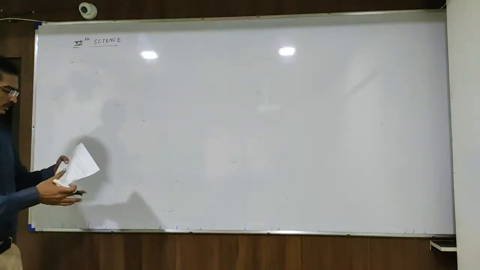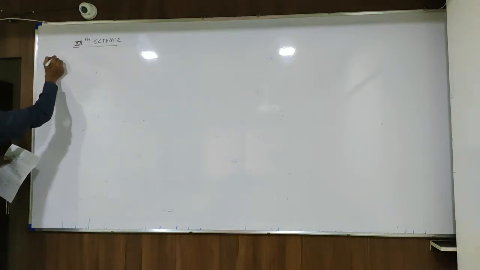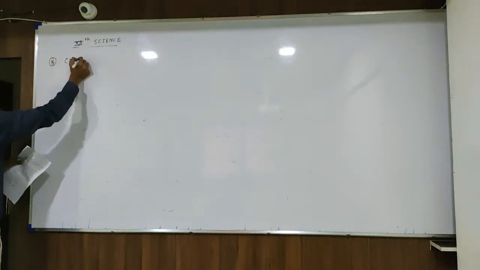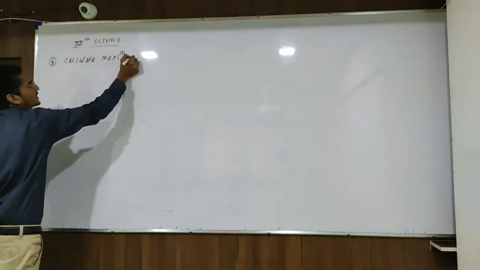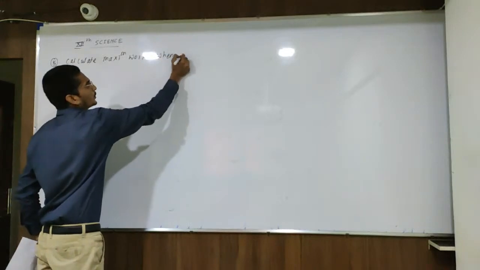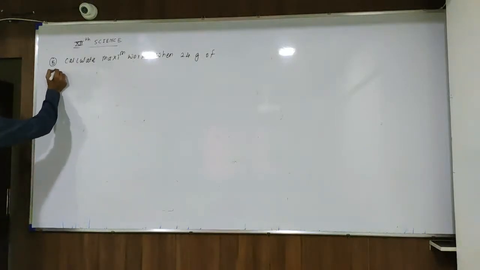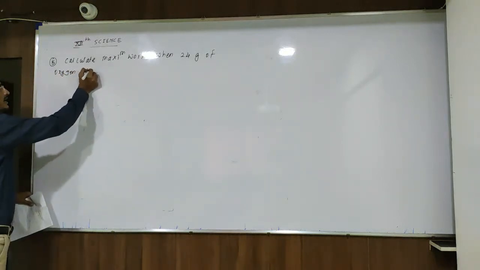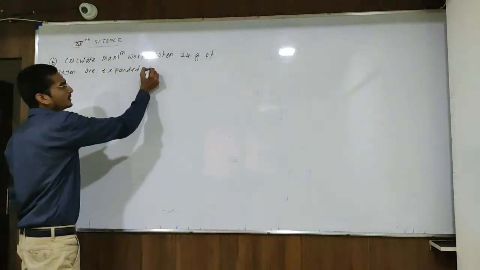So what is the problem here? Calculate maximum work. Write down: calculate maximum work when 24 gram of oxygen are expanded isothermally and reversibly.